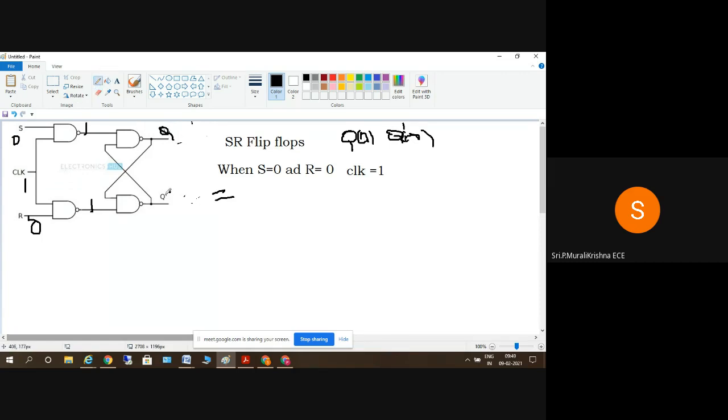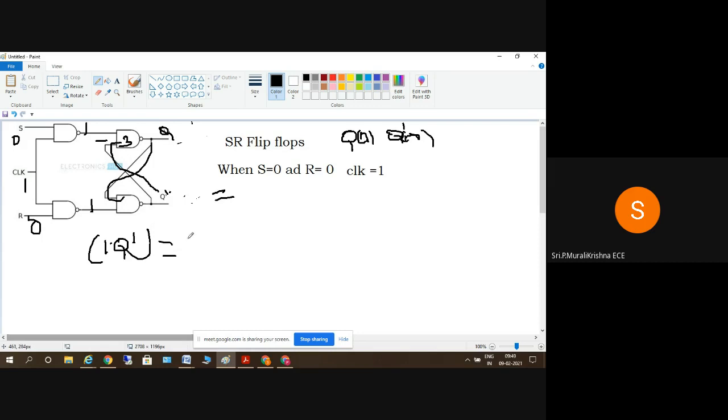Generally, this is Q and this is Q bar. The output of this NAND gate will be this one, which is given to this one and this is given to this one. So 1 into Q bar is the input to this third NAND gate, and the output will be like this.